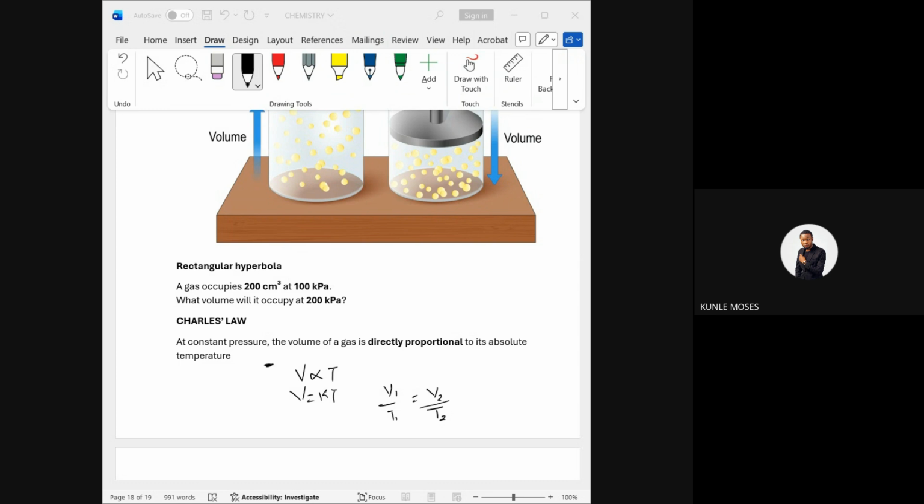Convert it to Kelvin. So if you want to convert it to Kelvin, you add 273 to it. So if they give you 27, for example, if you add 273 to it, it will give you 300. If they give you 10, you add 273 to it to give you 283. Right? So that's it. So let's do this question together.